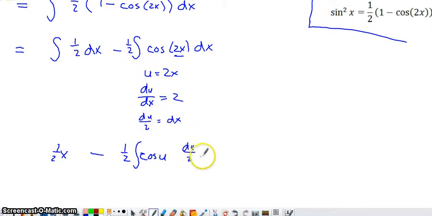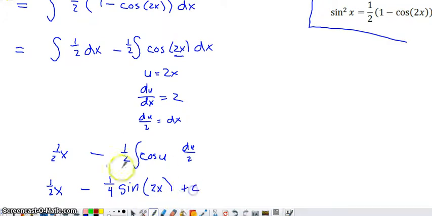And so you see what happens is you pick up this extra factor of 2 in the denominator there. So if we go ahead and bring this factor of 2 out to join this factor of 2, that's going to leave us with a coefficient of 1/4, and then the antiderivative of cosine is sine, and then it's going to be sine of u. I could write sine of u here. I'm going to back substitute at the same time. I'm going to write sine of, not 2u, but 2x, my fault, sine of 2x. And this is where I want my plus c.